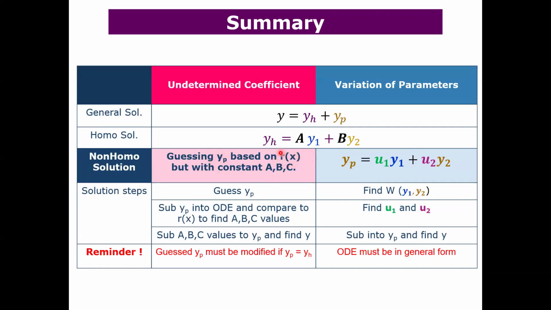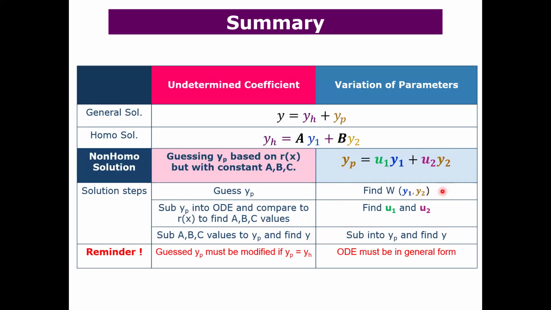So if the R(x) is a polynomial, then the yp is also a polynomial, but we have to change the constant values into unknown constants A, B, and C. The steps to solve by undetermined coefficient are to guess yp, substitute yp back into the ODE, and compare it to the right-hand side to find the A, B, C values. After you get the unknown values, just substitute them into yp and find y.